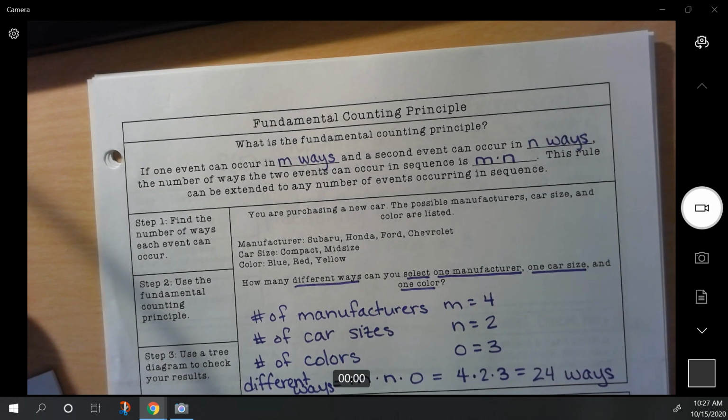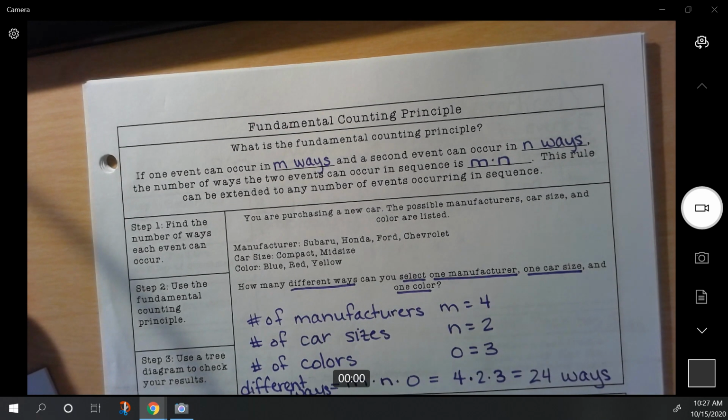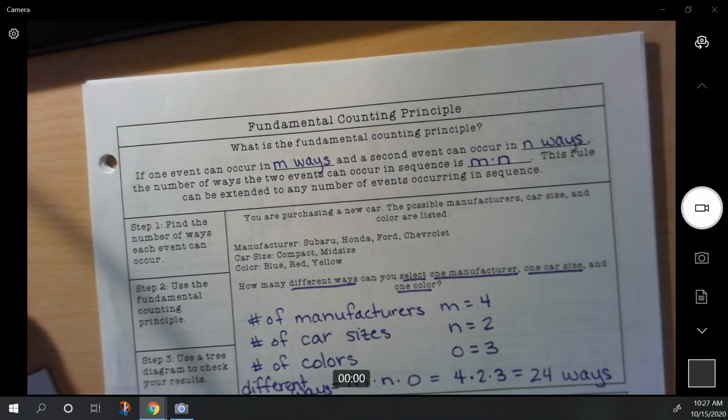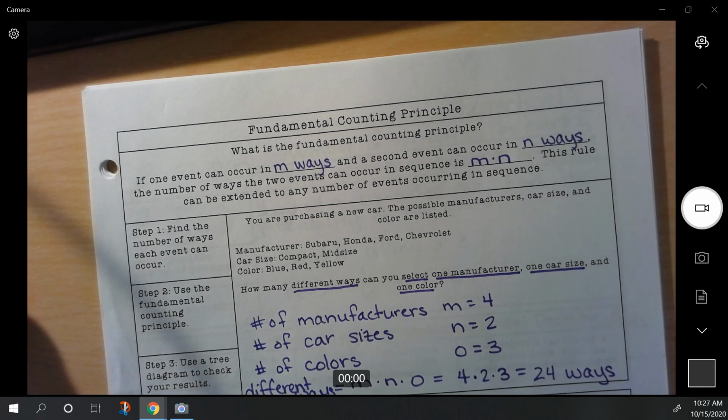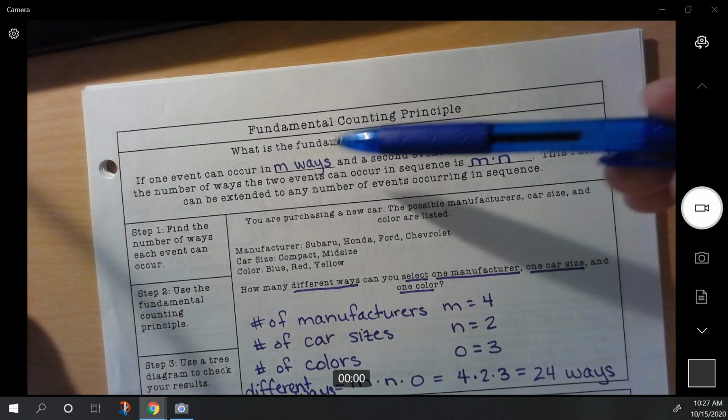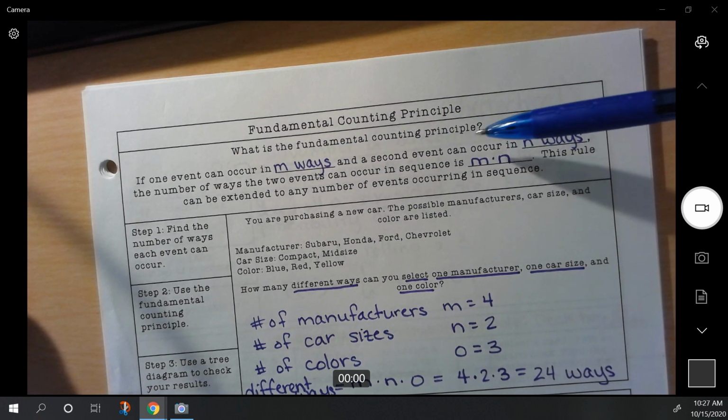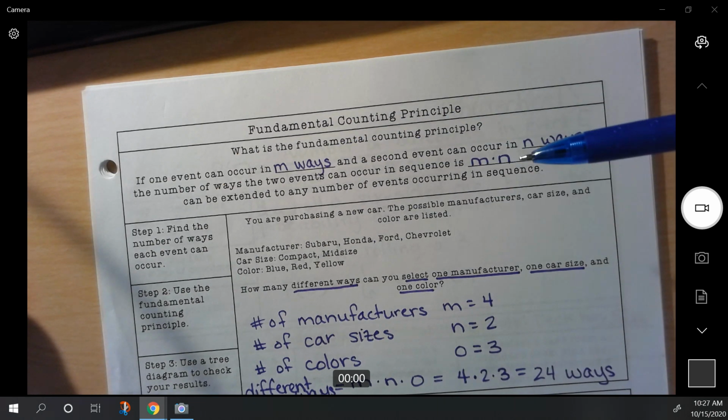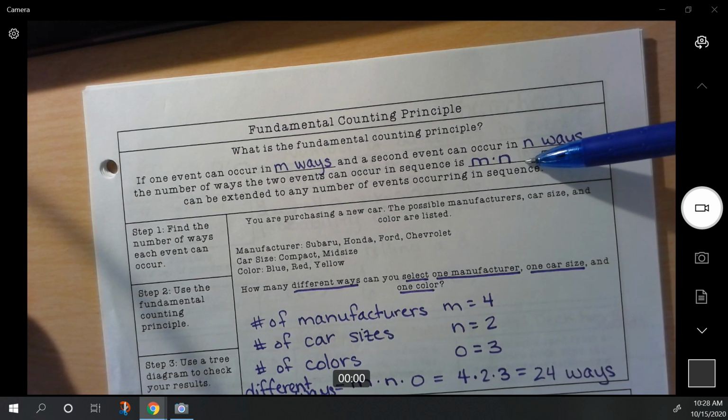Okay, a fundamental counting principle is a way to count up the number of choices when you have different items being chosen from. So like shirts, pants, socks, shoes, those are all different types of clothing, and we can combine them in different ways. So if an event has m number of ways, and the second event has n number of ways, the number of ways those two events can occur together in sequence is m times n.